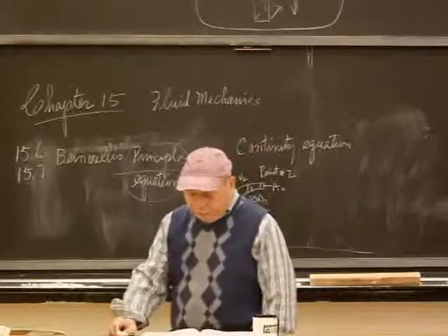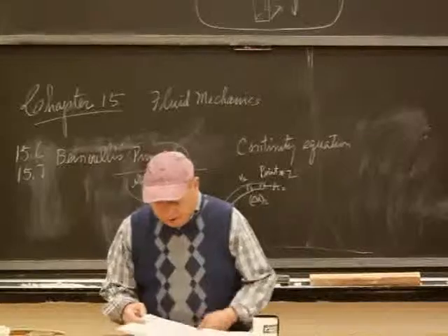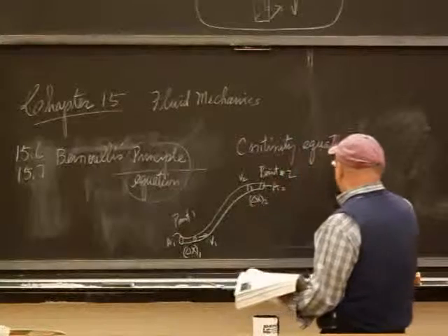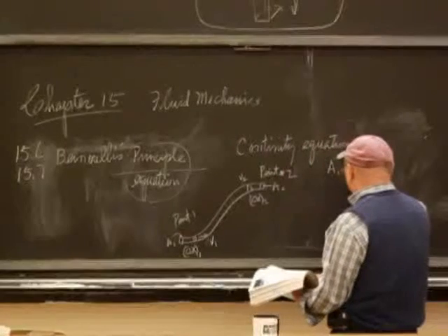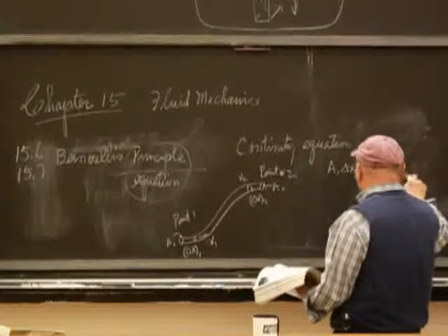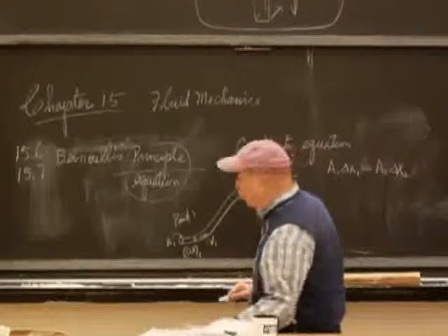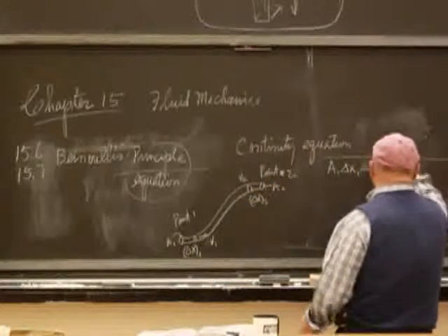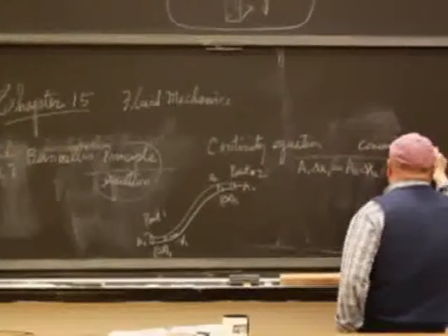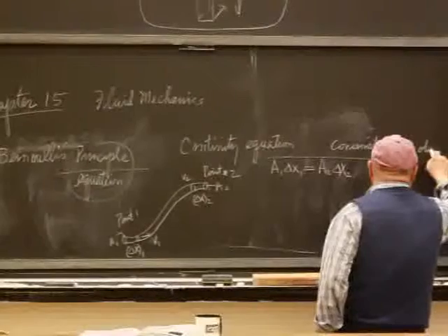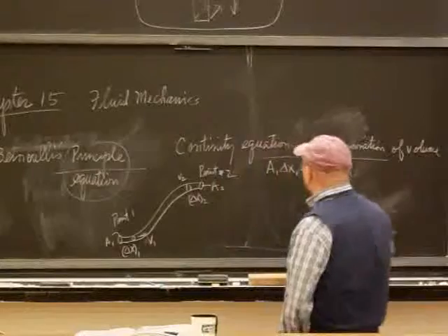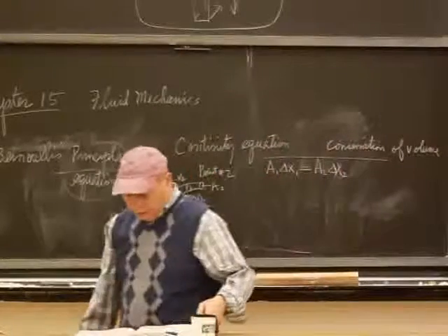When this is flowing, this part of the volume travels to that part, then A1 times delta x1 equals A2 times delta x2. That means conservation of volume. The same amount of volume travels from point 1 to point 2, and you have that equation.